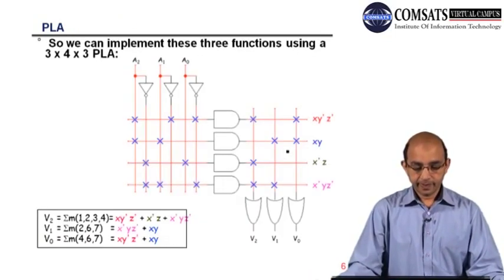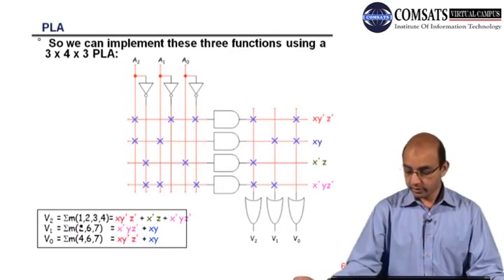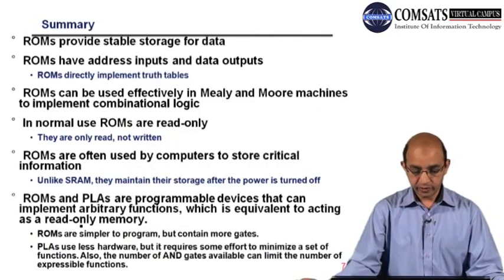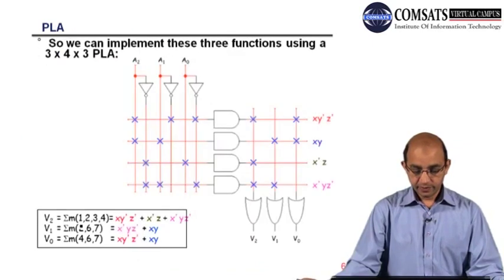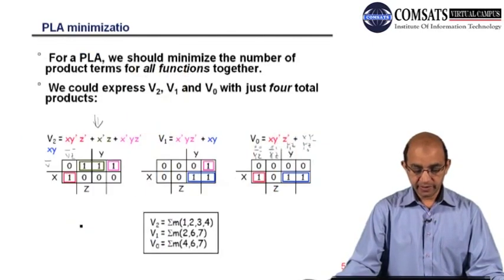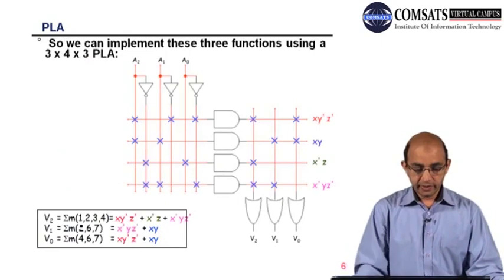Here is the implementation. You can see we have written the corresponding expression, and for v0 we have the x y. Here you can see that these are the inputs, starting from a2 a1 a0.